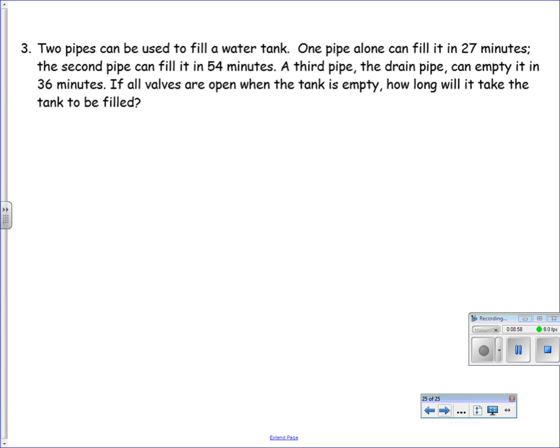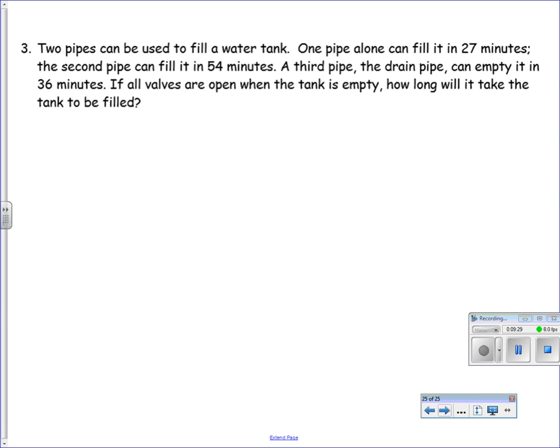If 2 pipes are used to fill a water tank, the one can fill it in 27 minutes. The second one can fill it in 54 minutes. But the third pipe is going to be the drain, and that can empty the whole tank in 36 minutes. So let's just say, not that we would, but if we had all 3 of those pipes open, then how long would it take for the tank to be filled?